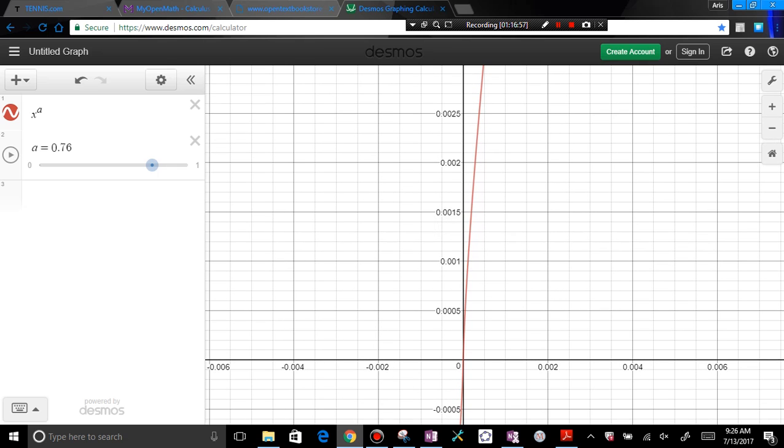I think this is a programming problem, an issue with the programmer. However this has been programmed, it looks like it works, but you can demonstrate that there's no derivative here either. That's supposed to be vertical.